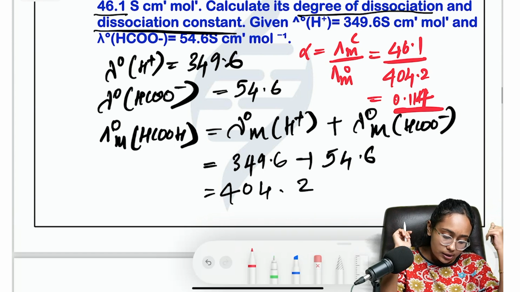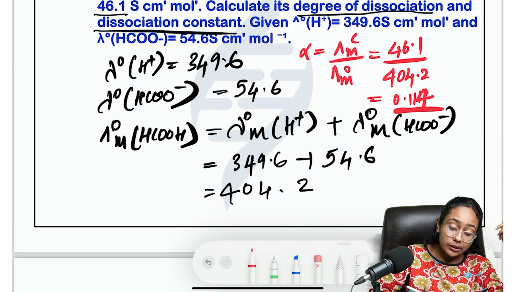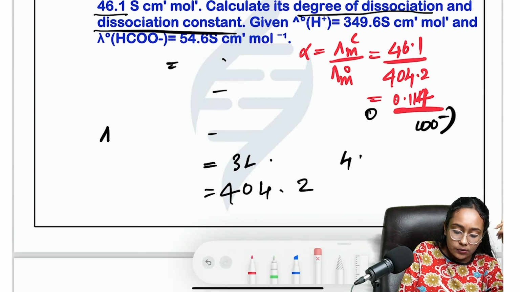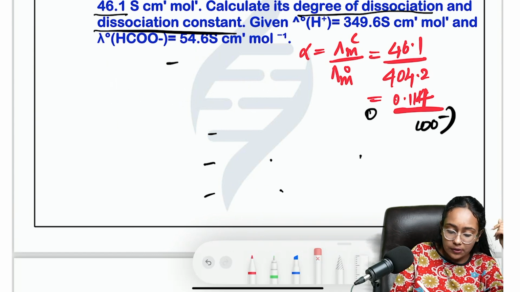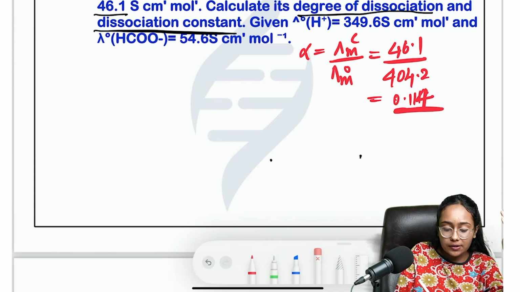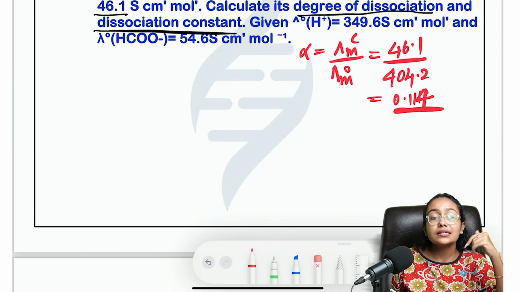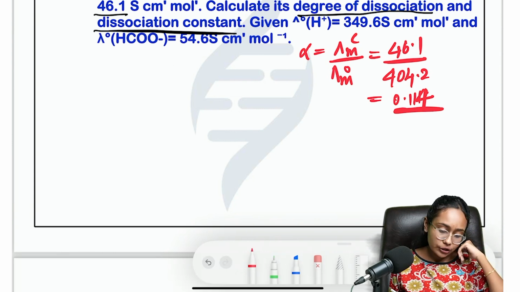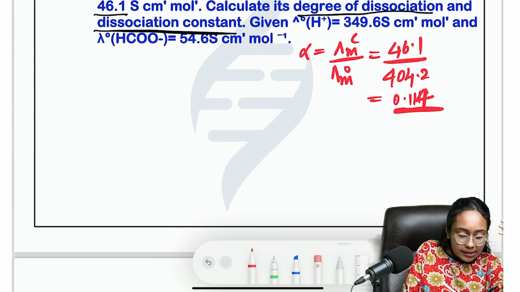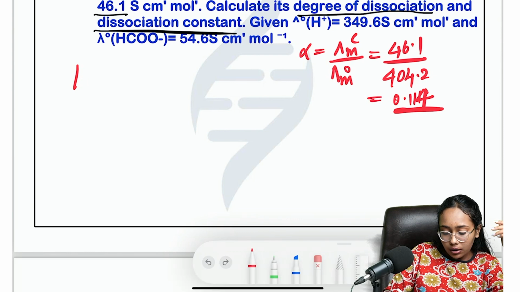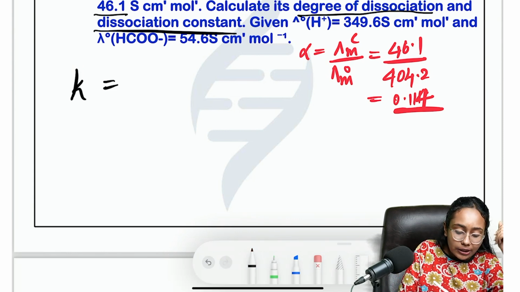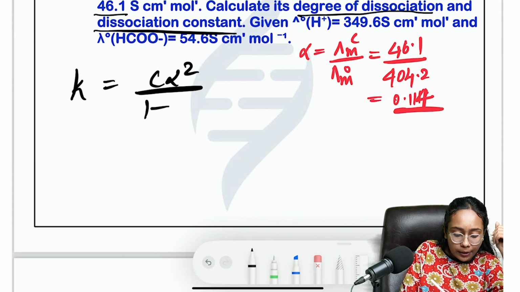So the second sub-question is, you're asked to find out the dissociation constant. Tell me how the dissociation constant is represented. It is represented as K. K is actually C alpha square by 1 minus alpha.